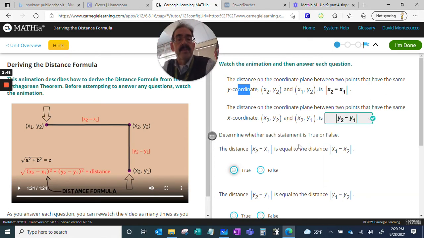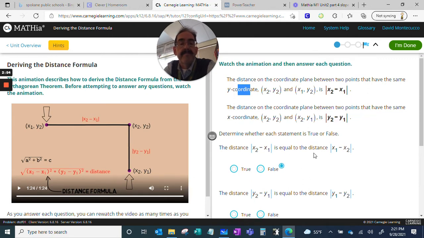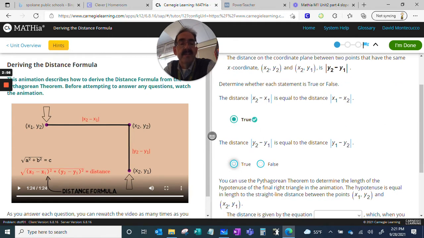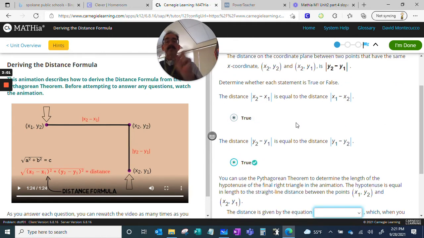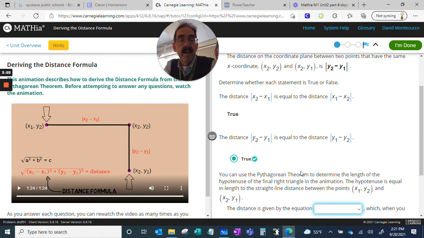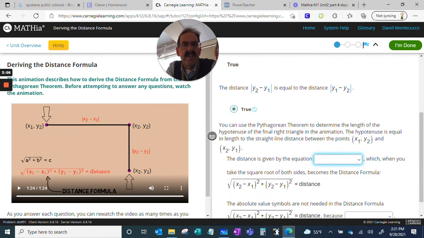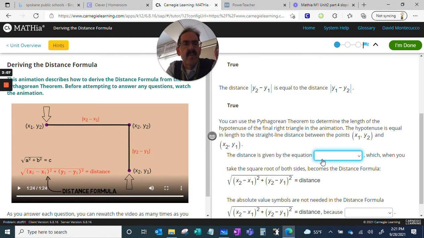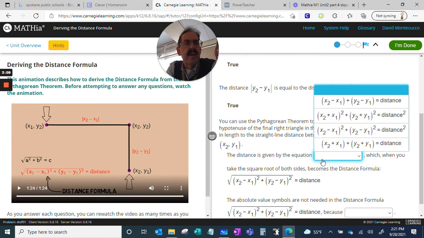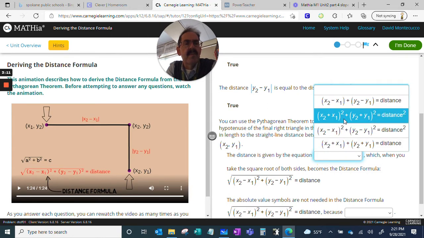Okay, determine whether the statement is true. The distance is equal to the distance. True. Doesn't matter which direction we do it. The distance between these two is true because you're taking the absolute value, plus, minus, minus, plus. Now the distance given the equation equals distance squared.